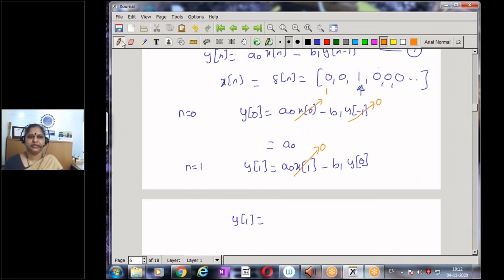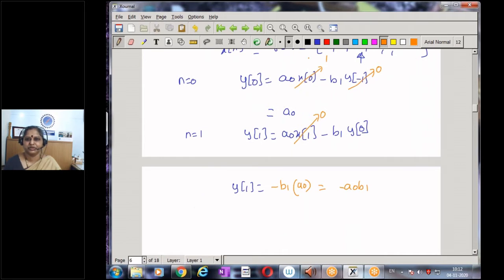Hence my output for n equal to 1 is 0, so minus b1 into y0. And what is y0? a0. So this is minus a0 b1.